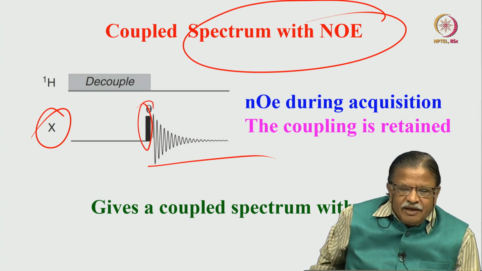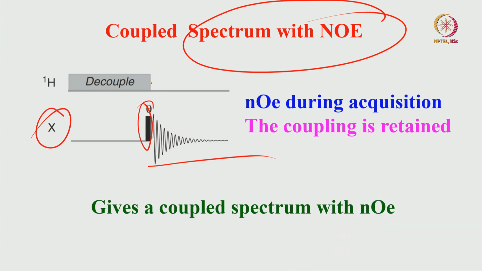But what am I doing? Remember, there are different channels. On the proton channel, till we acquire the signal, before this, we are applying decoupling power. And then I am collecting the signal. Here, RF power is not applied. That means here I am not decoupling. I am going to get a coupling here. But why did I apply decoupling power before?